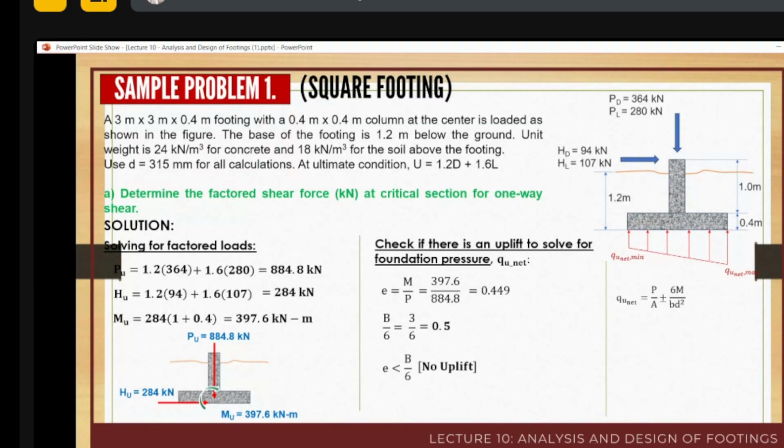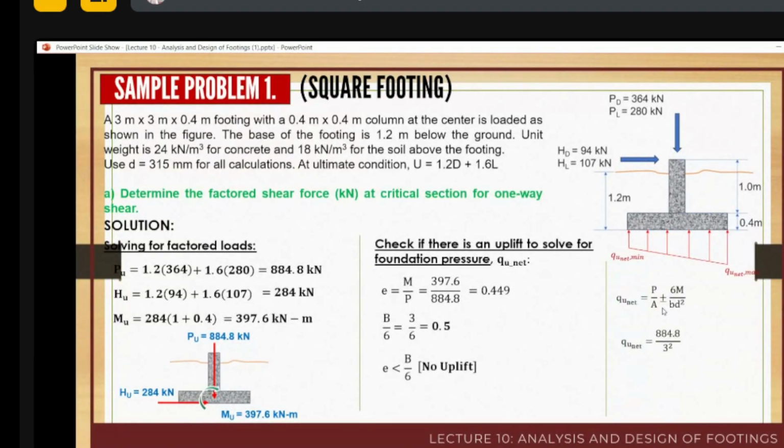The eccentricity should be below b over 6, since it is 0.449, so around 0.45. The b over 6 is 0.5, so it means no uplift occurs. So there is no overturning of our footing. So that is how to check if there is an uplift.